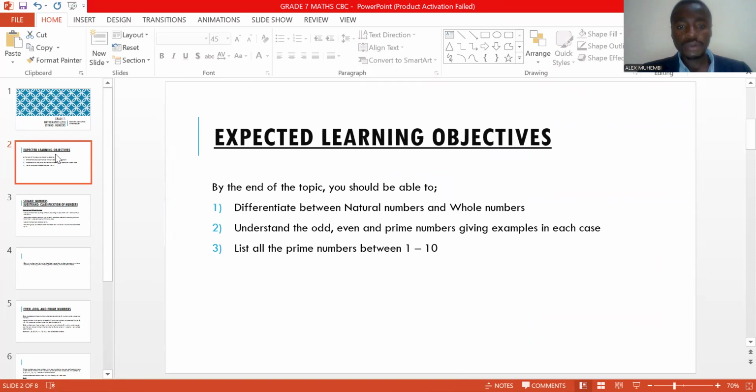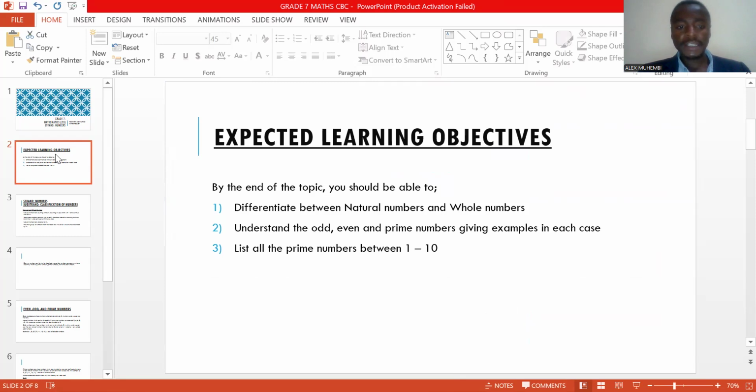By the end of the topic, you as the learner, you should be able to differentiate between natural numbers and whole numbers. Number two, you should be able to understand the odd numbers, the even numbers, the prime numbers, and even give examples in each case.